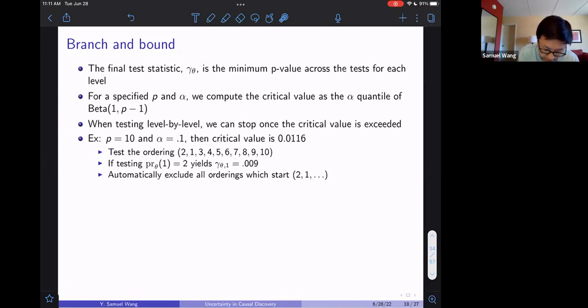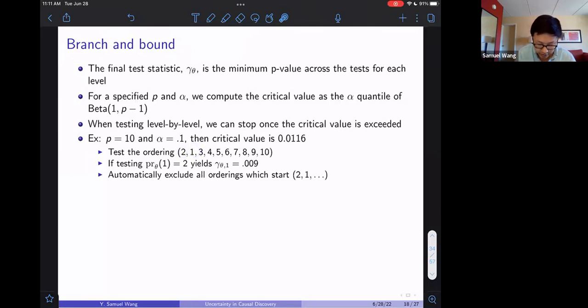What I mean by this is, suppose I have a case where I have 10 variables, and I've set alpha to 0.1, then the critical value is 0.0116. Let's say I'm testing the ordering 2, 1, 3, 4, 5, 6, and so on. I get to the first thing that I'm going to test: 1 and its predecessor 2.